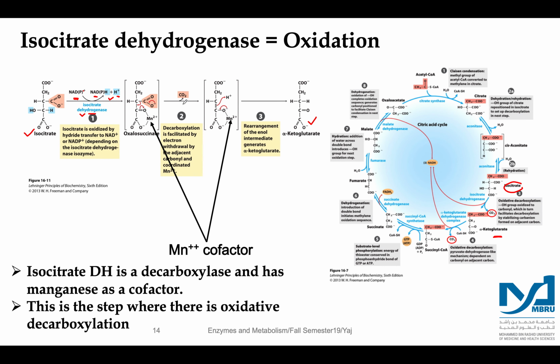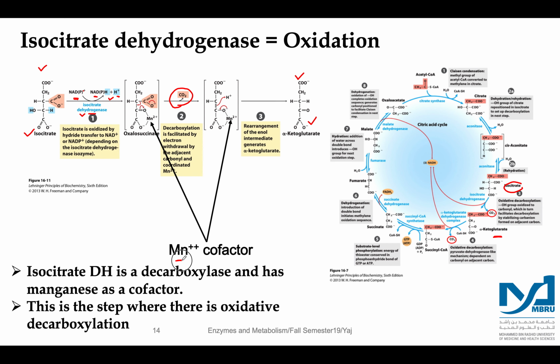Also, in this particular step, there is a decarboxylation happening, and this decarboxylation leads to the production of carbon dioxide. So, the isocitrate dehydrogenase catalyzed step is an example of oxidative decarboxylation. That means there is oxidation plus decarboxylation. And by this process, isocitrate is converted to alpha-ketoglutarate. The enzyme uses manganese as the cofactor.